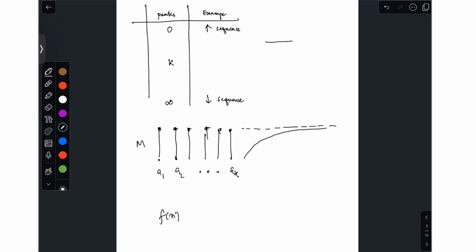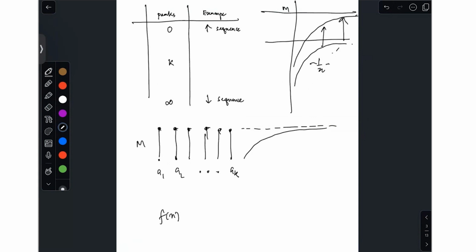So if you have a decreasing function like this, one of the ways to make it increasing is this. Minus 1 by x will also work, but let's say you want it less than M perfectly, asymptotic to M. So here is M. How to make it less than or equal to M like this? You just add M to it.